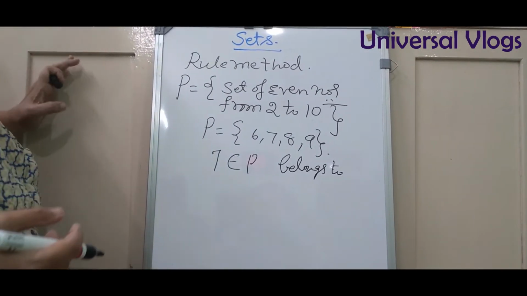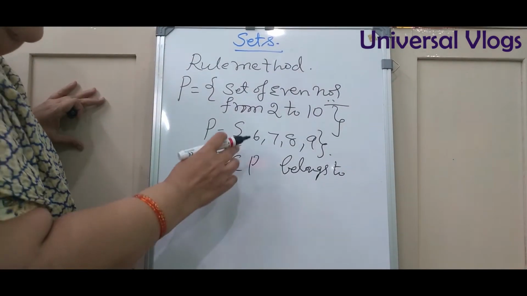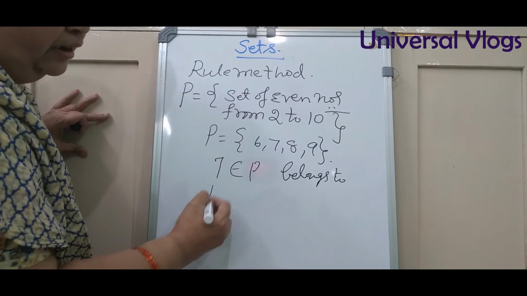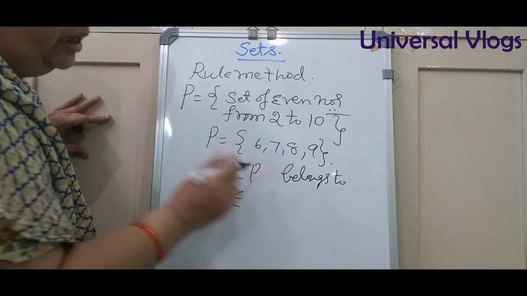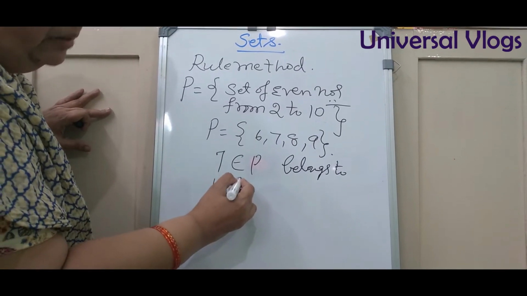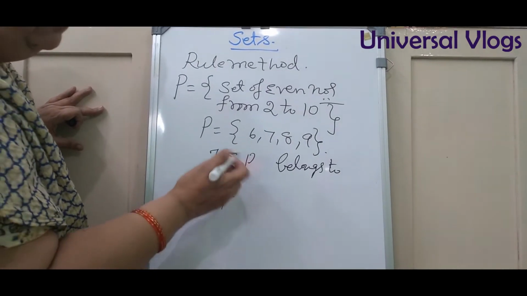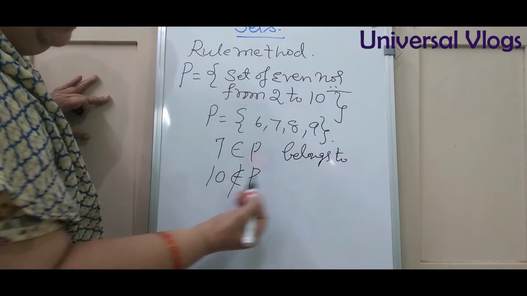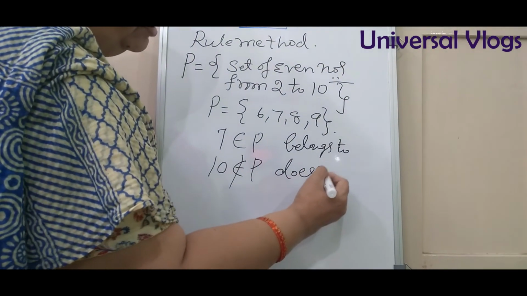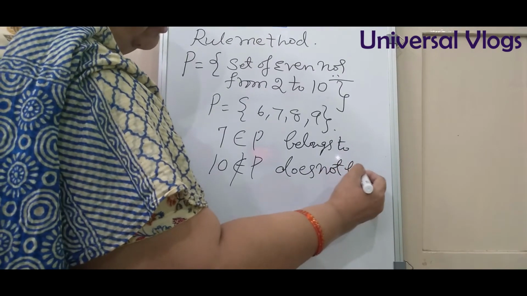This is the symbol used in sets. I may also consider another element, say 10. Does 10 exist in the above example? No. The 10 doesn't belong to the set P. We write this as does not belong to.